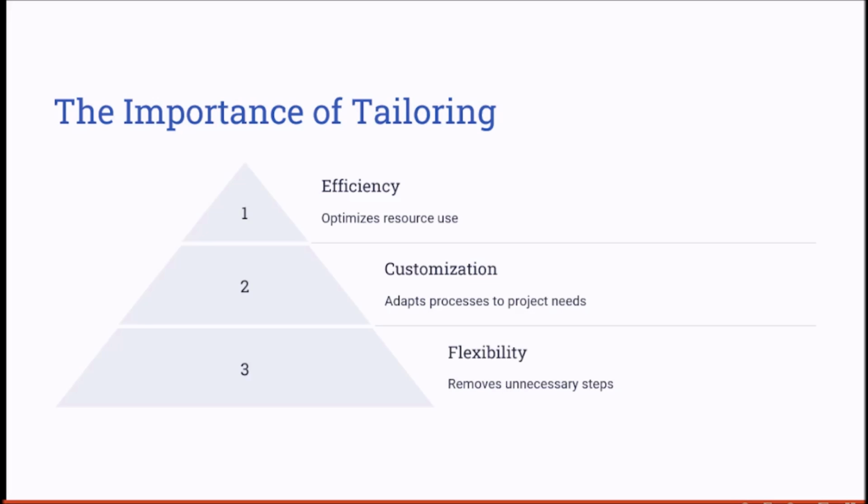To have an example here, let's say that an IT software development project in a startup environment may not require formalized procurement processes because the team is using in house resources.